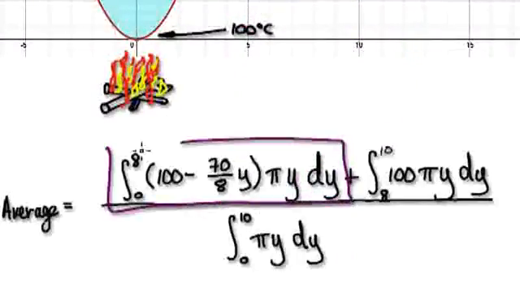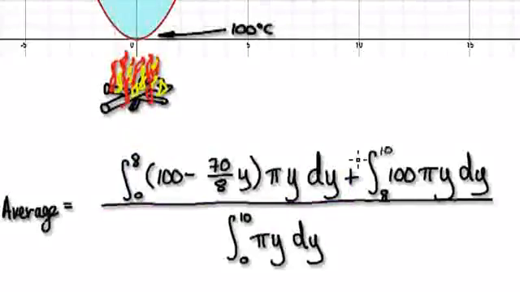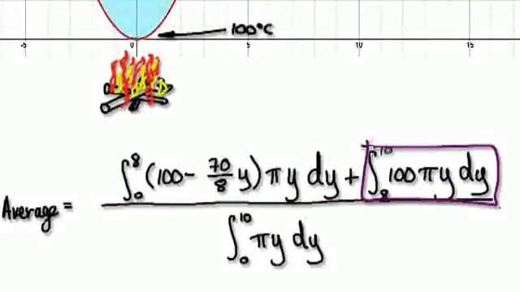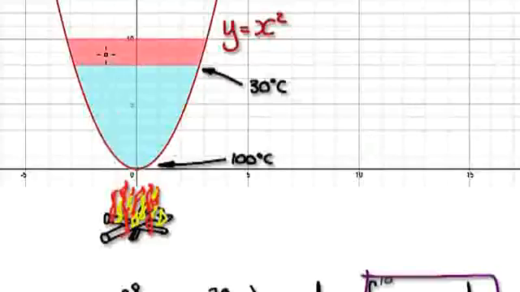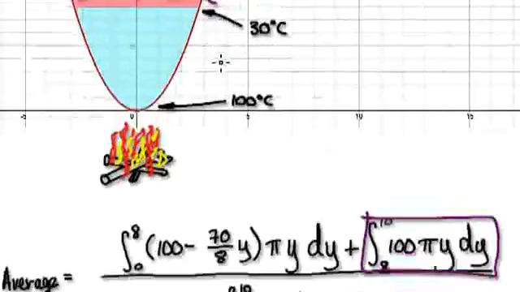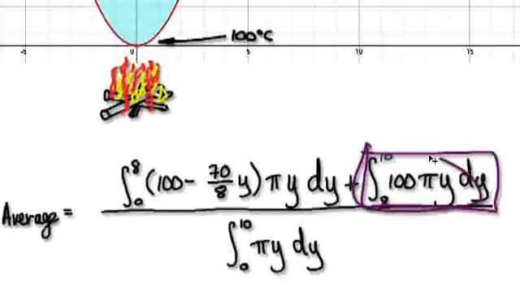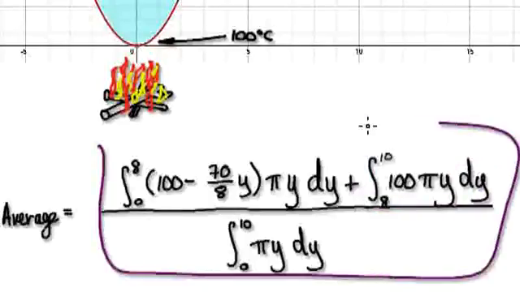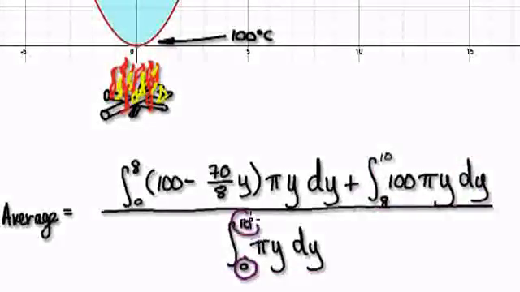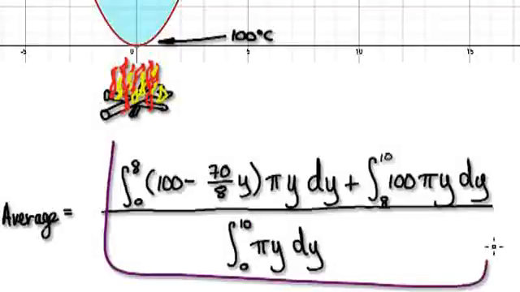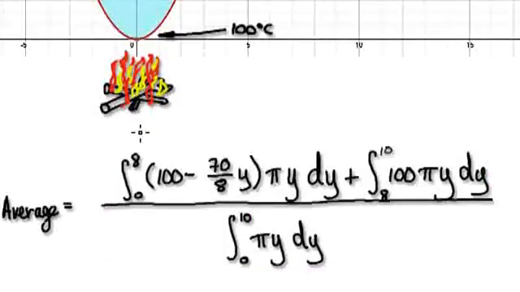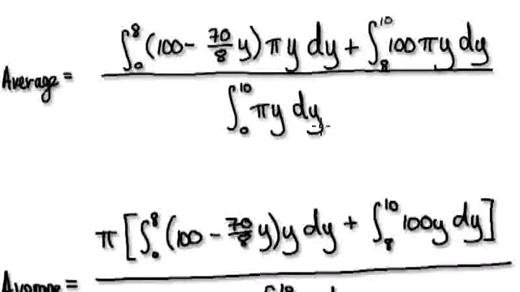So the blue section is given by this. The boiling water part right at the top, the red part here, is given by this. So it's really us evaluating this. And don't forget this is from 0 to 10. Notice that you can factor out the pi.